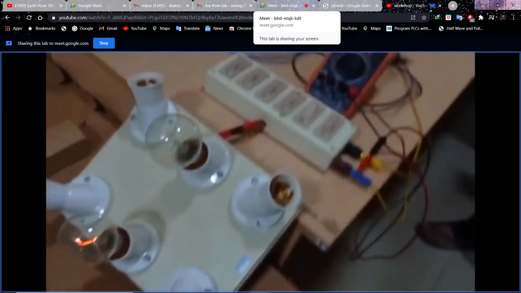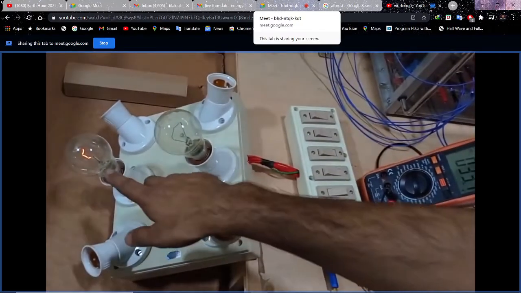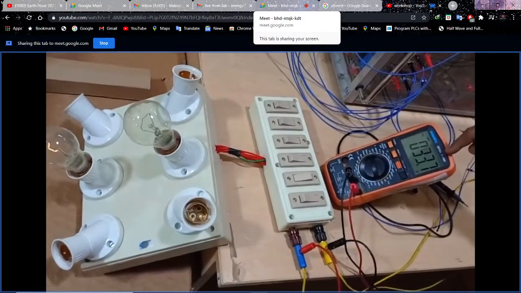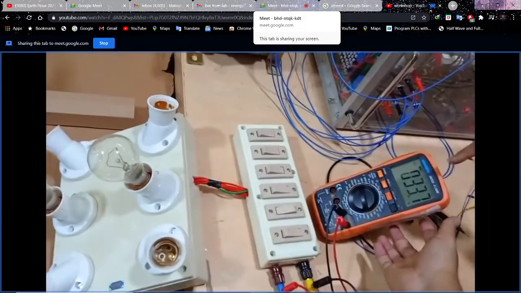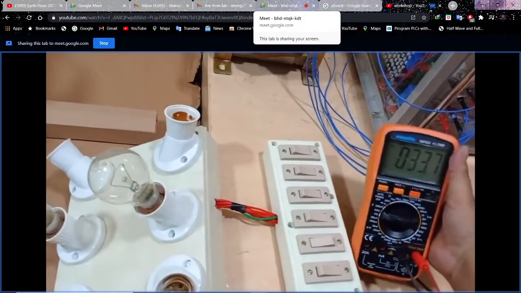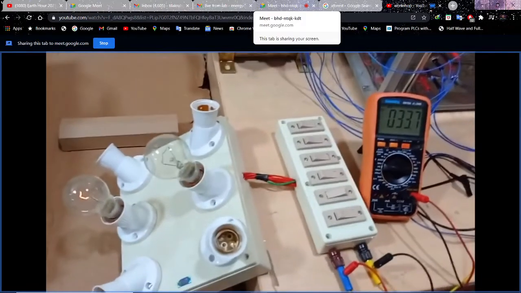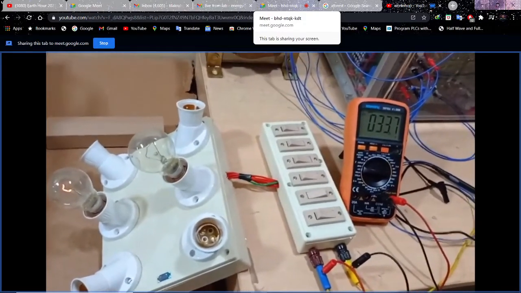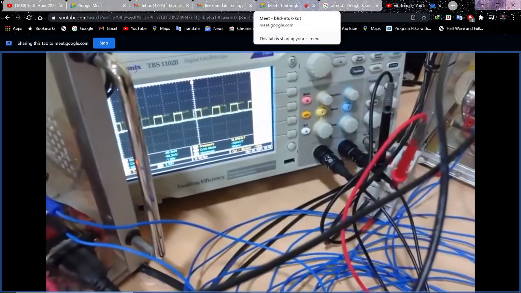So we have reached 50% of the duty cycle. You can see this light is glowing, and correspondingly 64 volt is our input side voltage, and the output side voltage is 33.7. At the same time, input voltage is 64. Duty cycle is 50%.